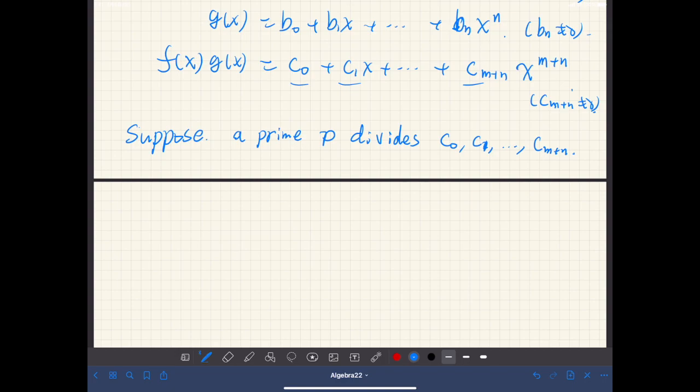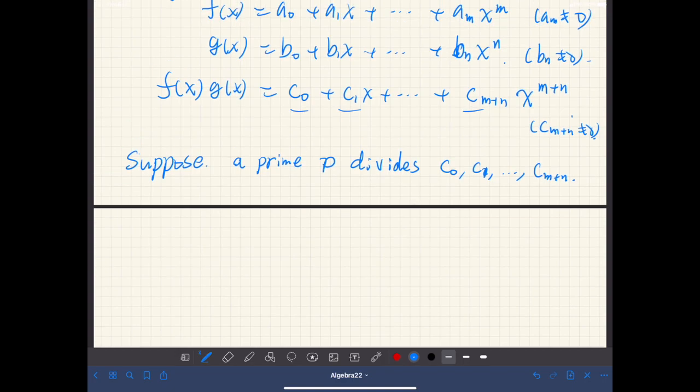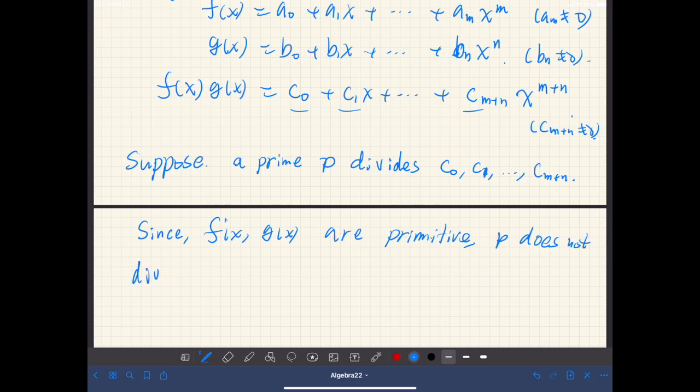Now since f of x and g of x are primitive, p does not divide all of the ai's and bj's.